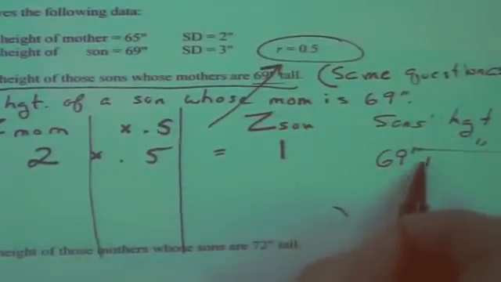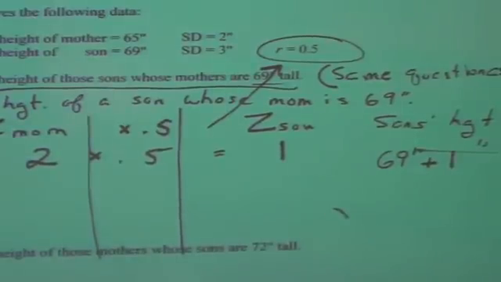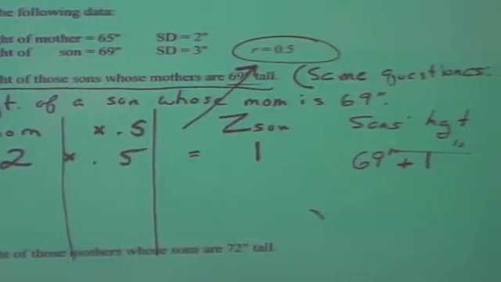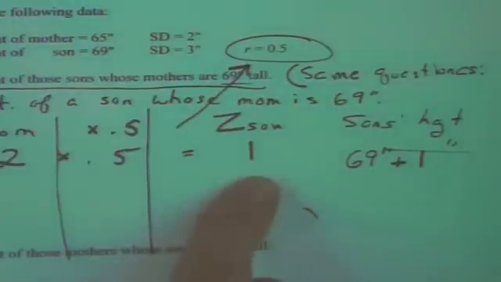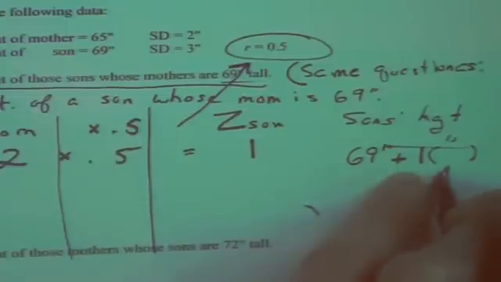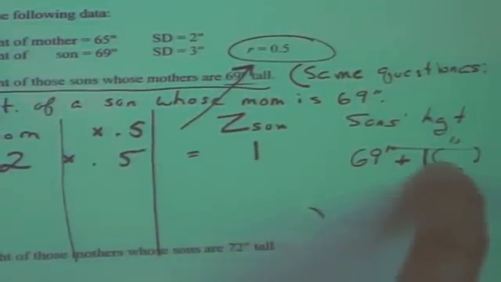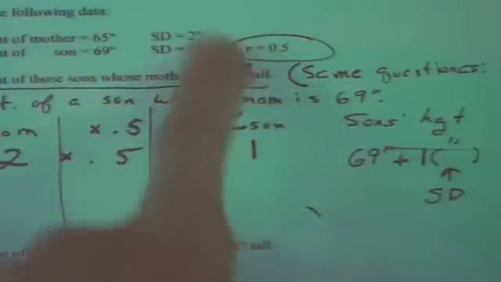So add 1, but that is not 1 inch. Do you know what that 1 means? It means 1 standard deviation. A Z-score tells you how many standard deviations you are above or below average. So this is 1 times the standard deviation. Now, we're at sons here, so what standard deviation do you think we're going to put in here, 3 or 2?